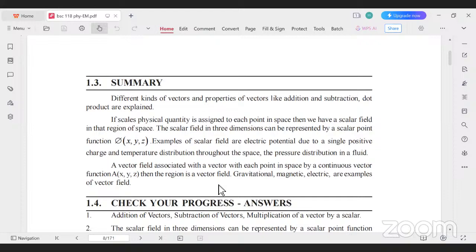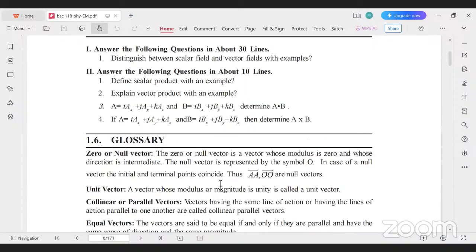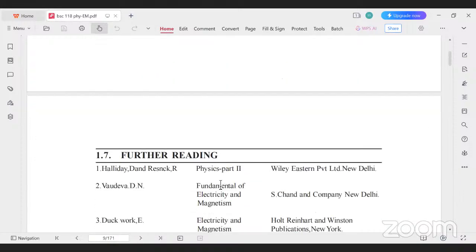We are talking about the electric field, no? Till now, how the electrons are flowing continuously. In the same way, the magnetic field will be there. The magnetic and gravitational field also can be taken and we can find the vector field for that also. Clear? Okay. This is done.